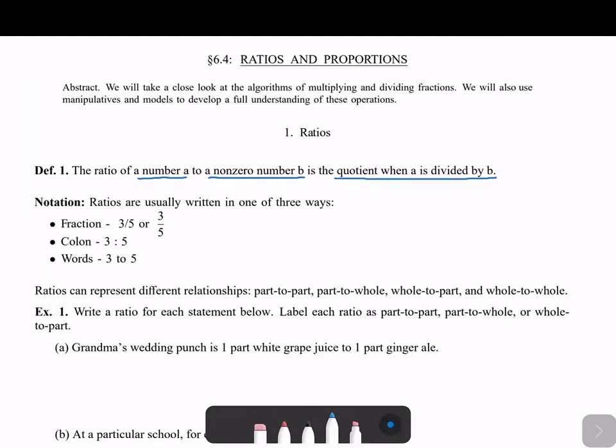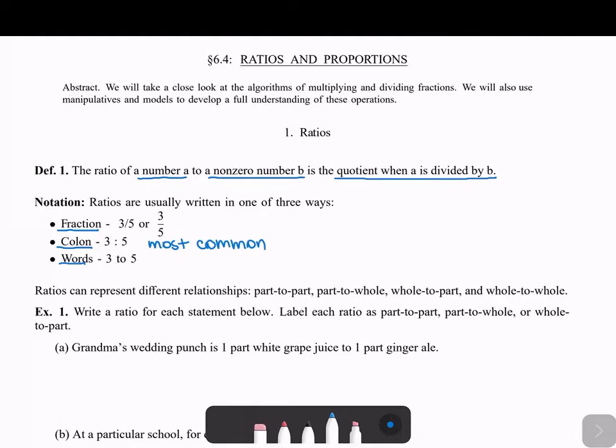I think the most common way that we write ratios is with a colon, and then you can also say what a ratio is in words. Fractions help us remember that it's a quotient, but the colon is the most common way.